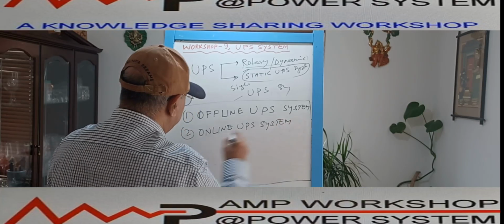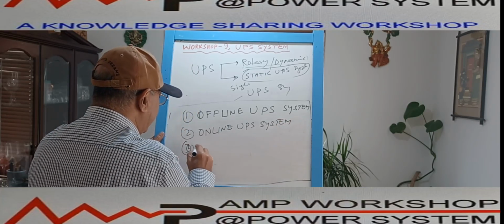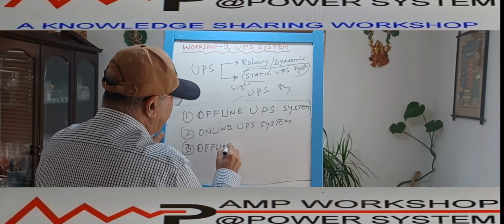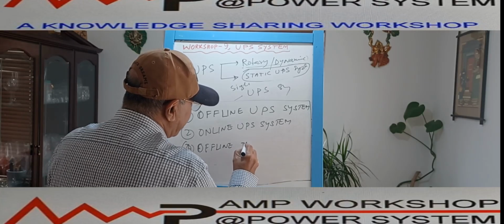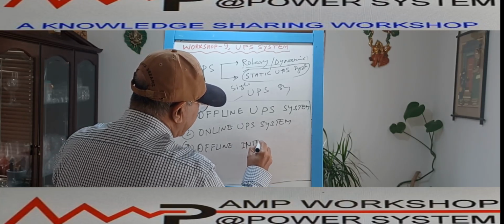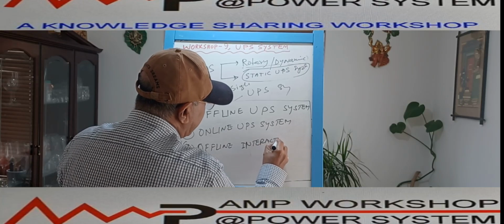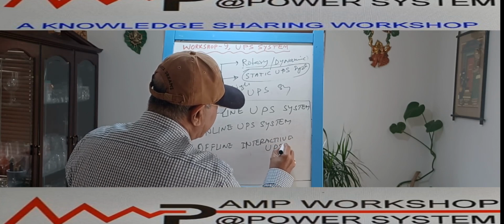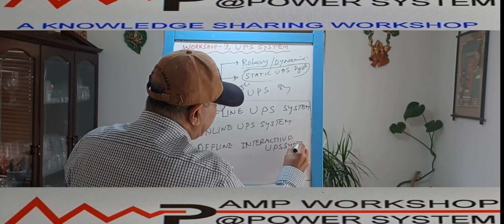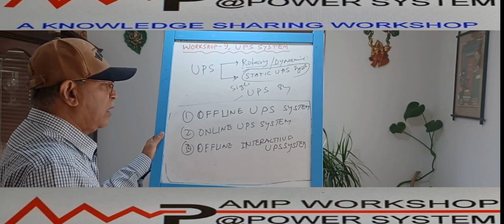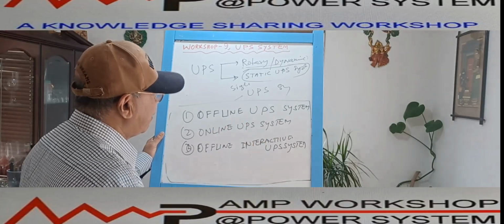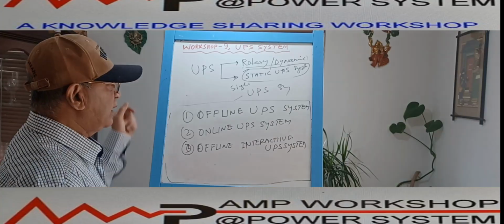And the third one is also offline, similar to offline, but it is interactive: the offline interactive UPS system. These are the 3 different types of UPS system we can design based on the load requirement. Okay, so let us discuss one by one.